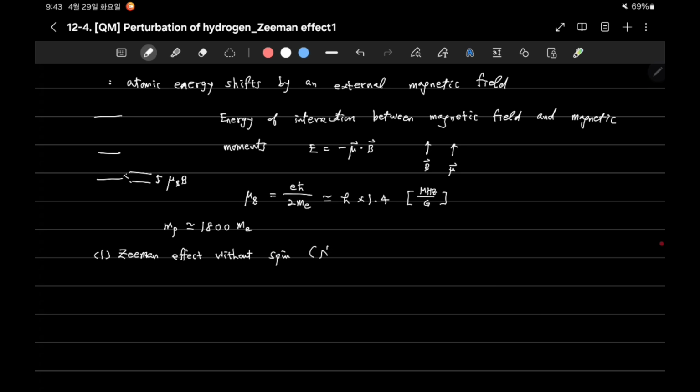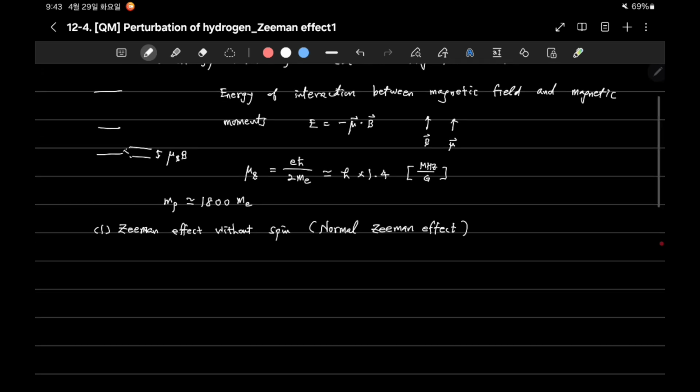We call it the normal Zeeman effect. Here we ignore the electron spin and the fine structure.